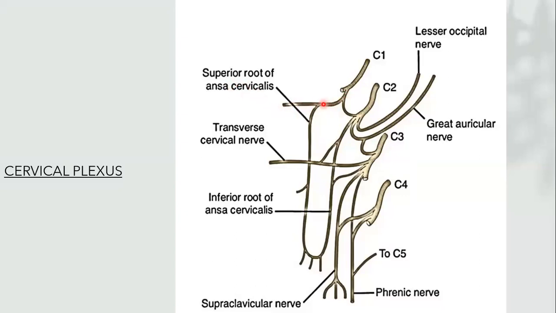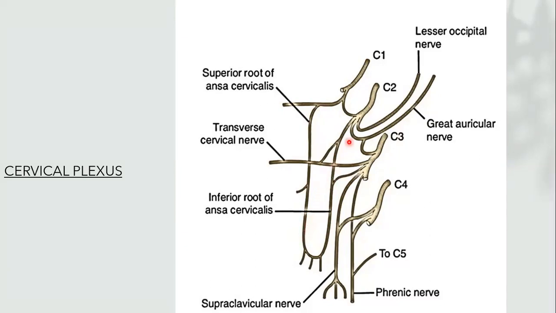These C1 fibers actually hitchhike using the hypoglossal nerve, then give you the superior root. So that is known as the descendens hypoglossi. And then you can see C2 and C3 give you the inferior root. That's the descendens cervicalis. And this ansa cervicalis gives motor branches to all strap muscles apart from thyrohyoid.